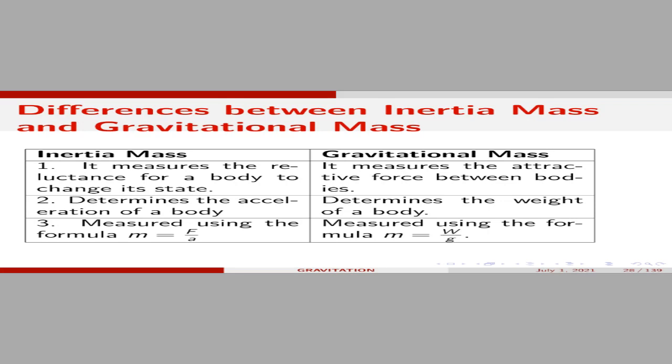Inertial mass is used to determine acceleration because F equals ma. And we use W equals mg.